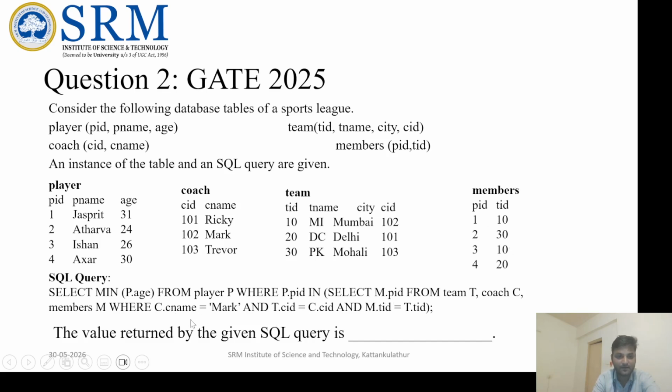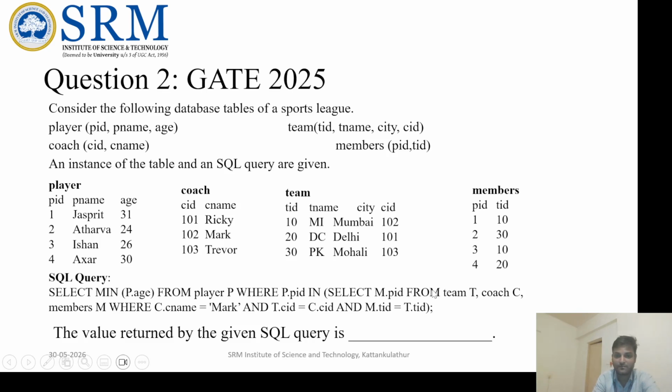First we have to see that for coach Mark, the coach ID is 102. Now, when the coach ID is 102, from the team table the TID is 10. The team name is Mumbai, MI, and the team city is Mumbai.